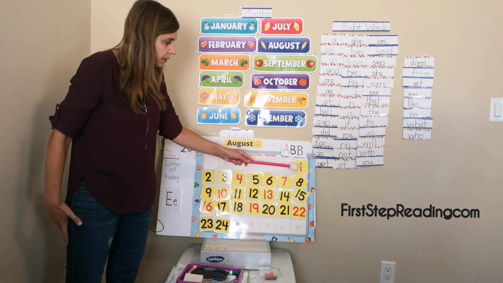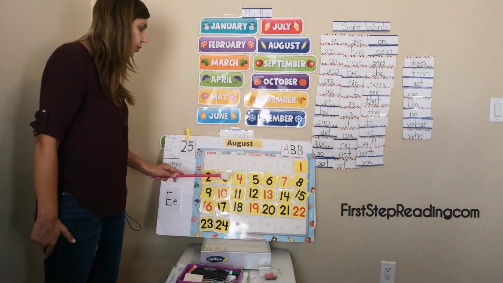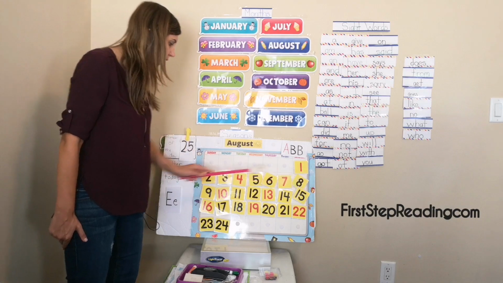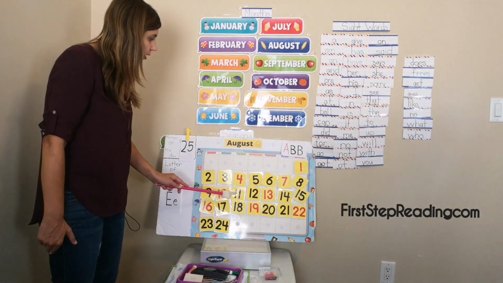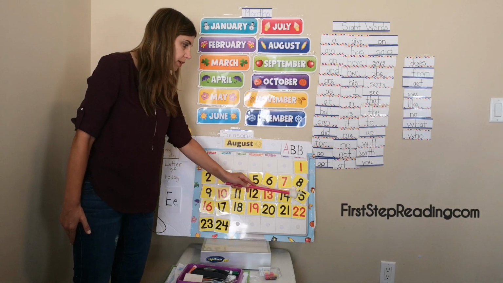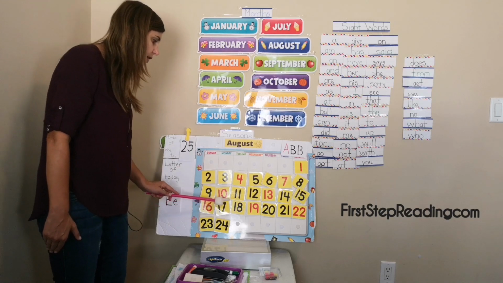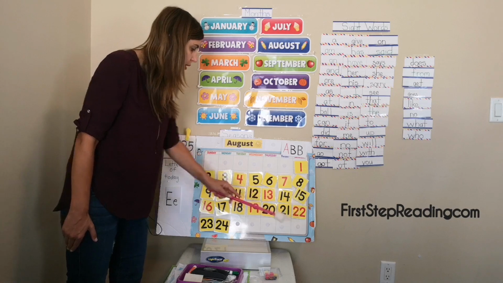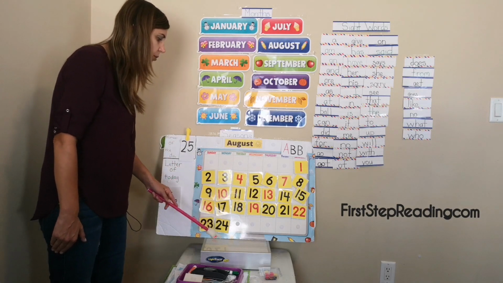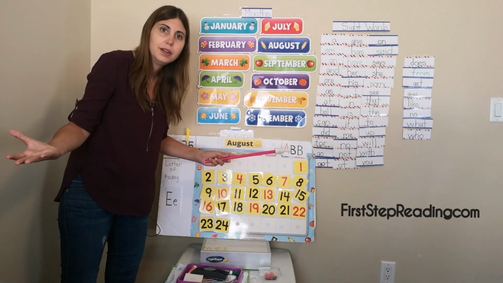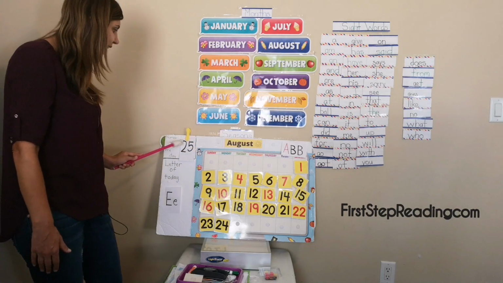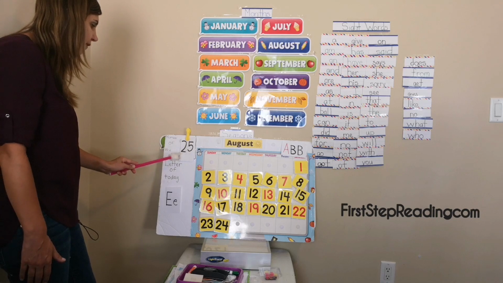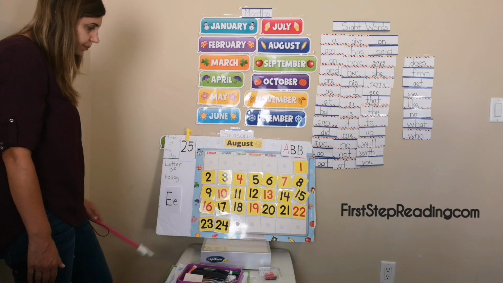So let's count together. 1, 2, 3, 4, 5, 6, 7, 8, 9, 10, 11, 12, 13, 14, 15, 16, 17, 18, 19, 20, 21, 22, 23, 24, 25. A 2 and a 5 makes 25. That's our number of today.